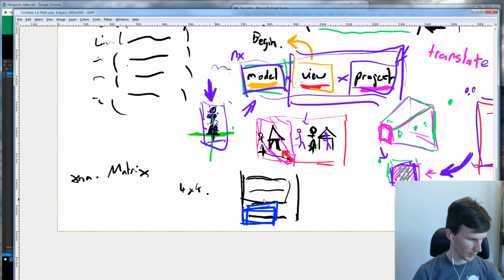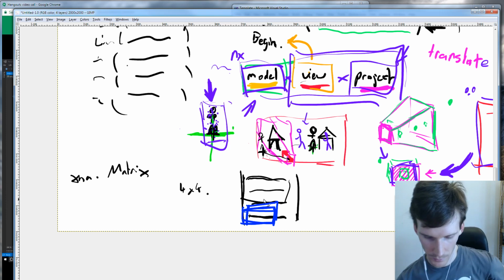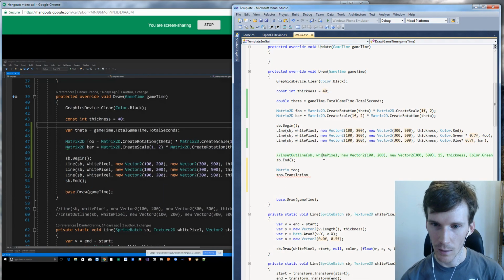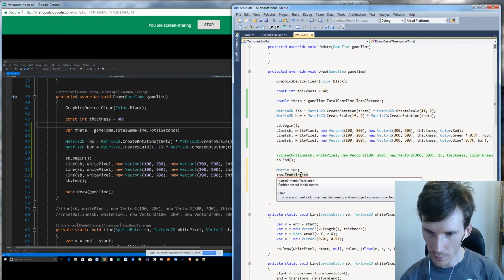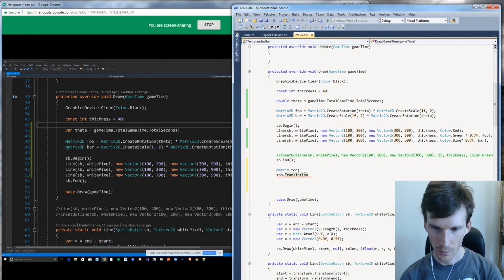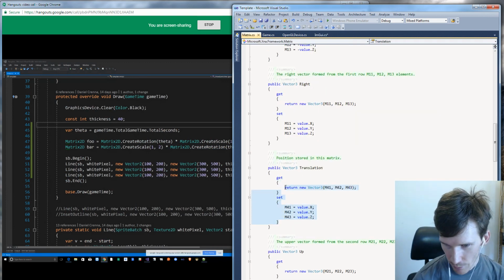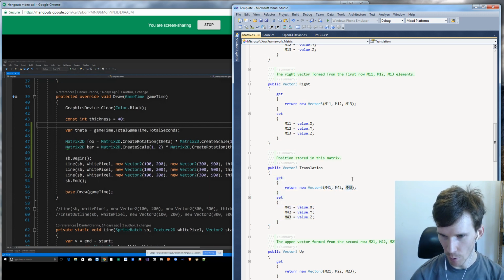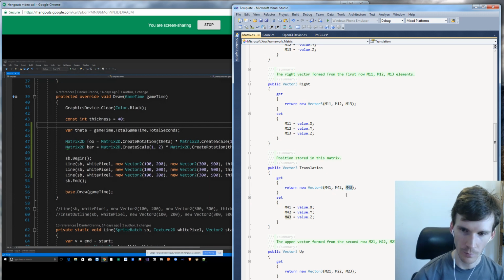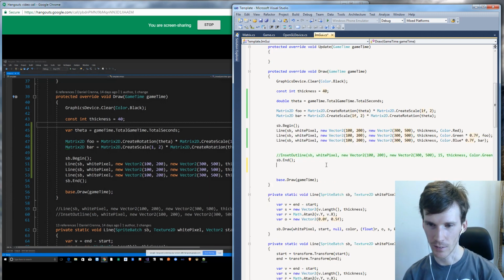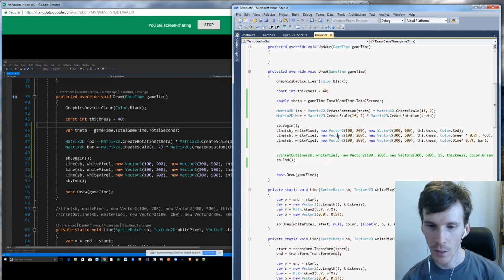Yeah, that's awesome. The description in the IntelliSense actually nailed it. It says give me back the position that's stored in this matrix. So you're literally pointing to where you stored this, as a bonus. And you'll notice that if we look at this, M41, M42, M43, it's the bottom row, the 4th row, and the first 3 values. Cool. Excellent. Perfect. Well, that's how all of that works.